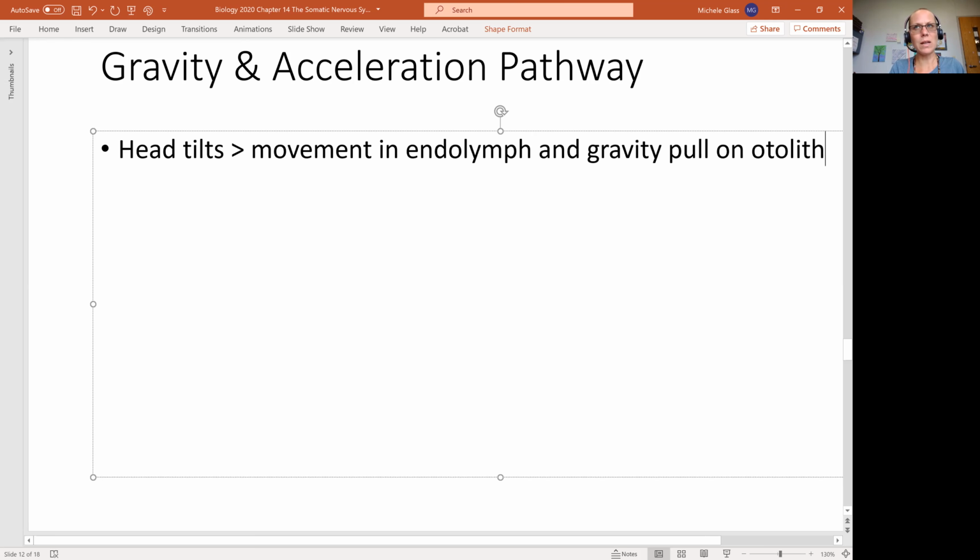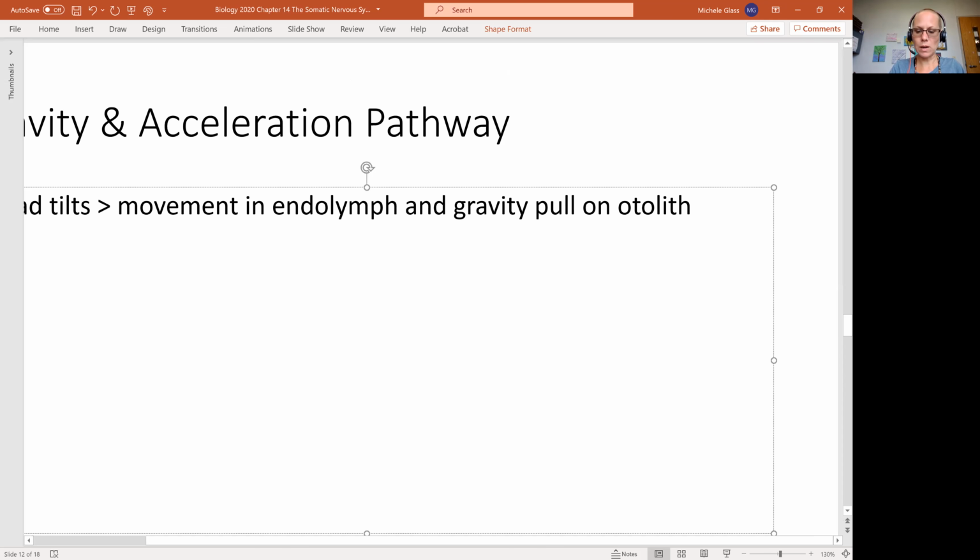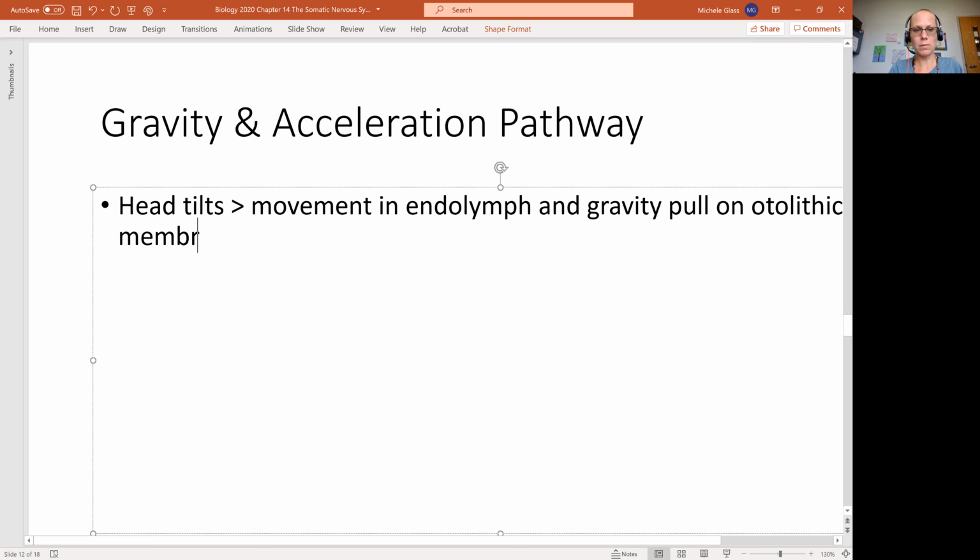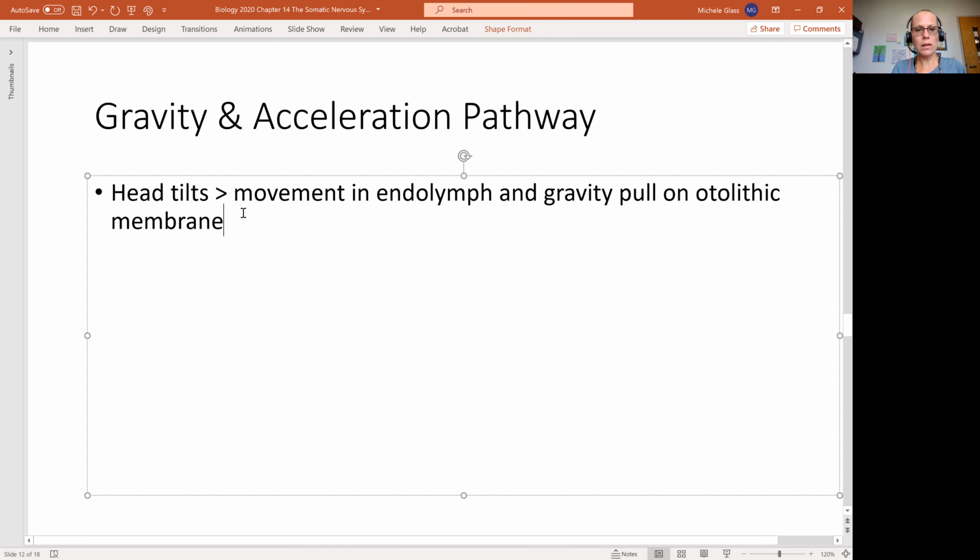Otolith is talking about, again, the whole gelatinous material and the calcium carbonate structures there. Or maybe I should go ahead and say otolithic membrane. And when we are getting the otolithic membrane to move, then we get the bending of the stereocilia, kinocilia of the hair cells.